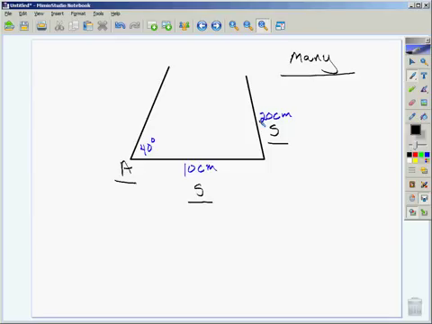If it's not one of the four rules and the triangle exists, then the answer is going to be many. And that is all we're doing today. All we're identifying is: is there one, is there none, or are there many? Okay?